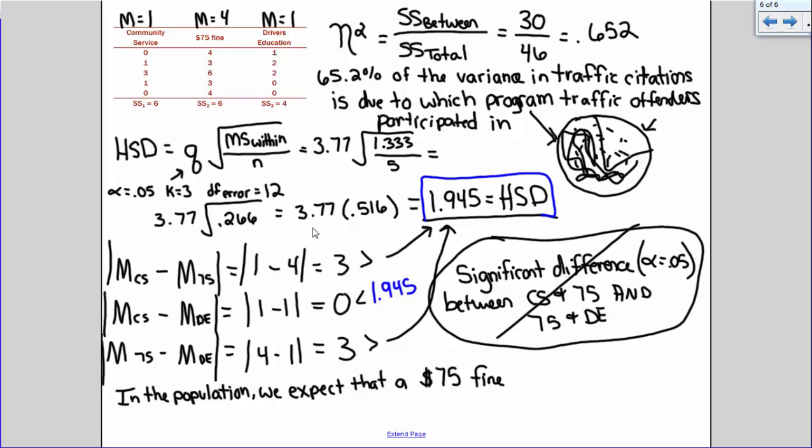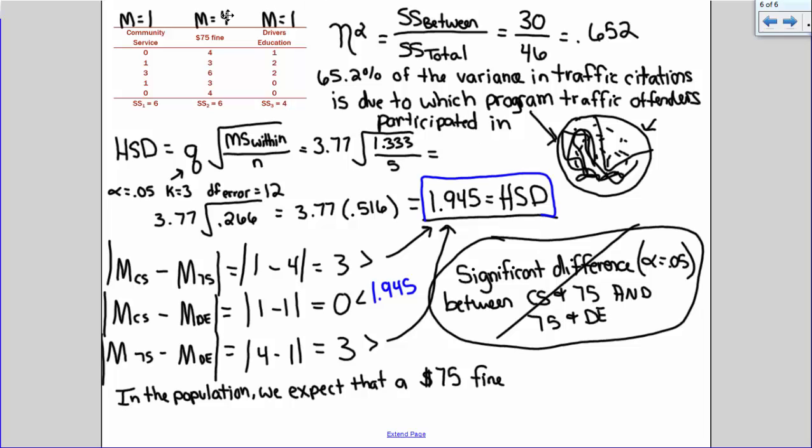Now, before I go on, look, these are the only two that are significant, right? $75 fine and community service, $75 fine and driver's ed. So when you're doing plain English explanations, it usually helps to look for what's constant between the groups you're looking at, see what's common, right? So I'm like, okay, $75 fine is significantly different from driver's ed and community service.